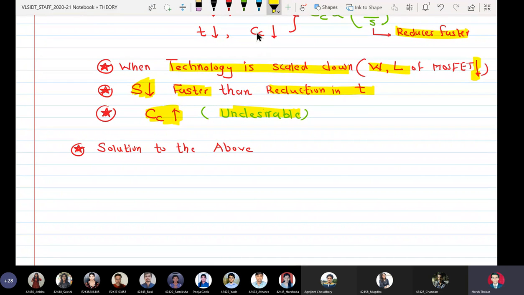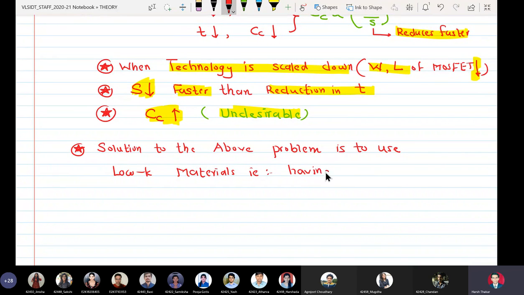The solution to the above problem is to use low K materials, that is, having lower values of epsilon r, that is relative permittivity.